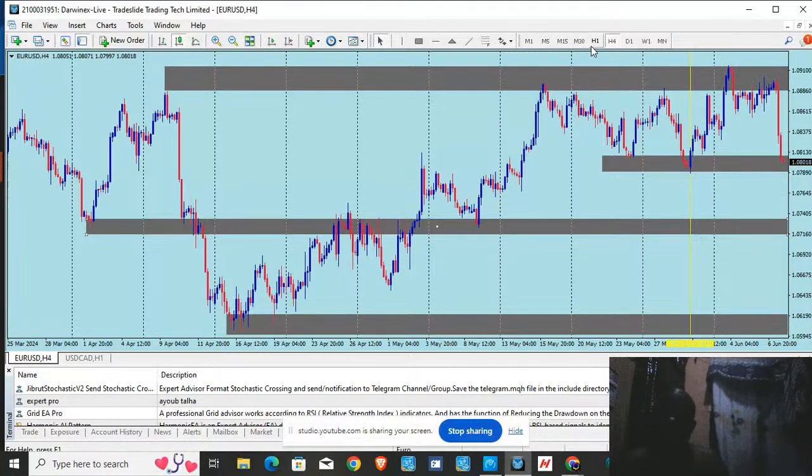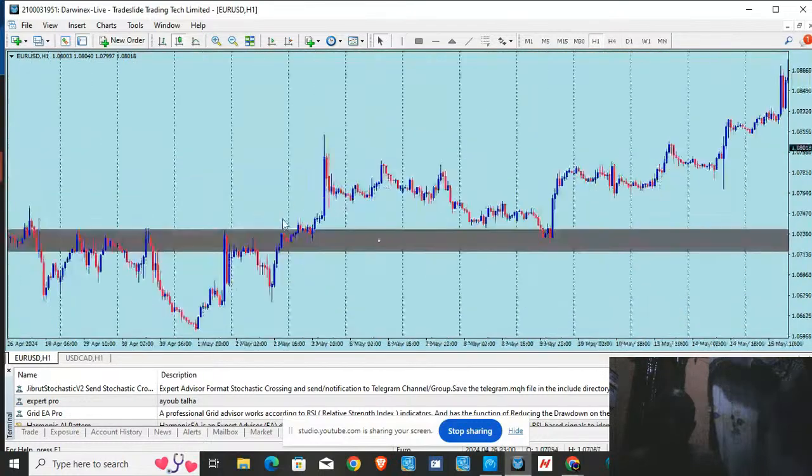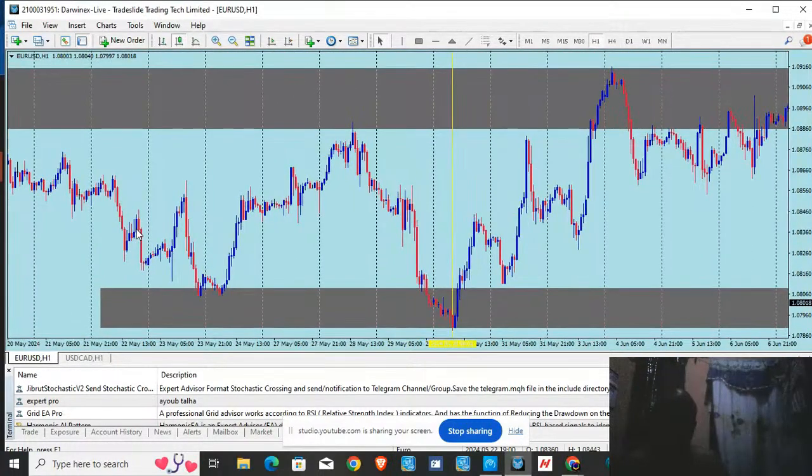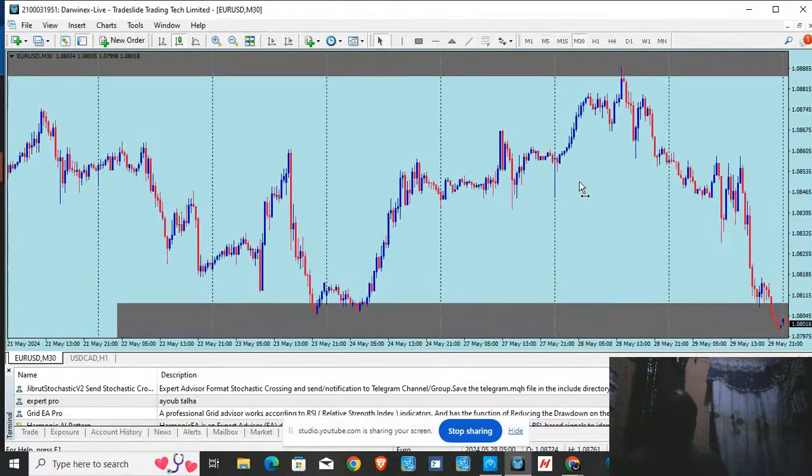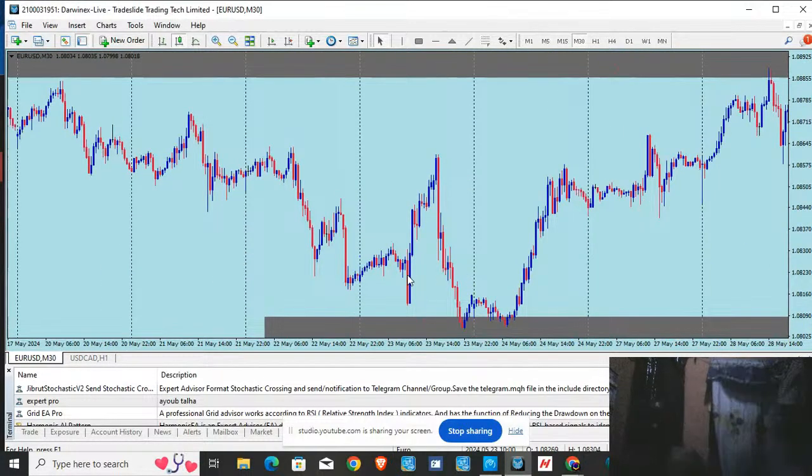Okay, let me look at it here. I want 30 minutes. Based on 30 minutes now, look at what happened here. The market rejected and it moved and it came down here. So here now there's an indicator we call Fibonacci.